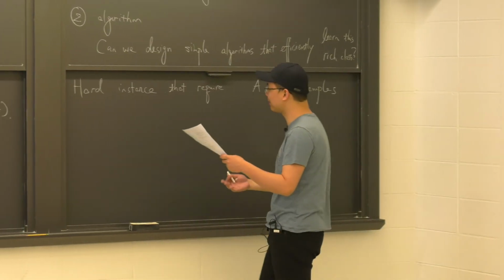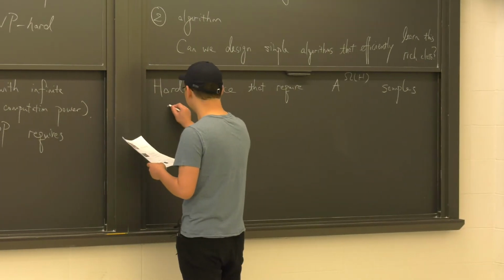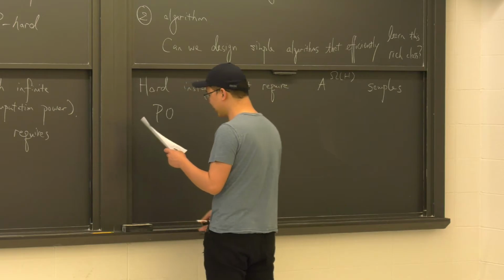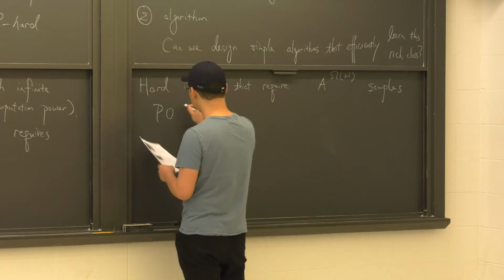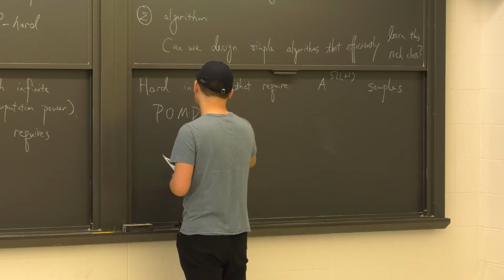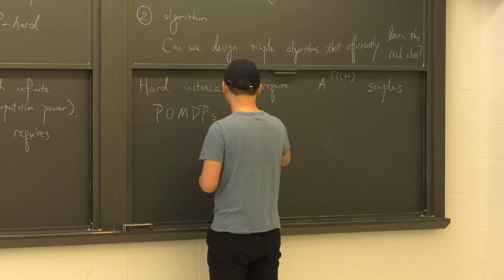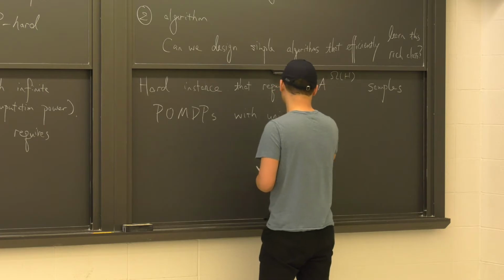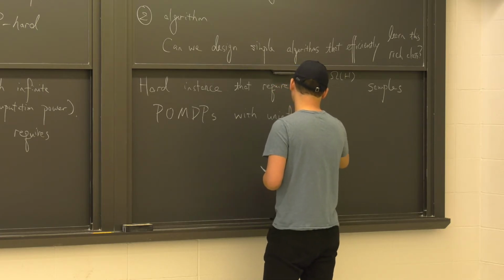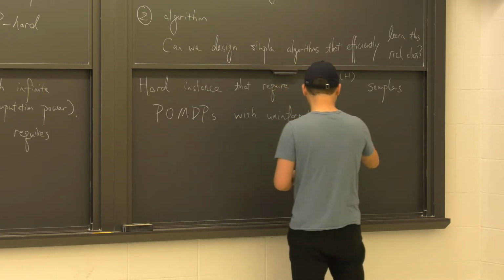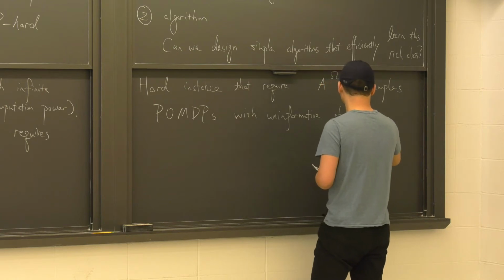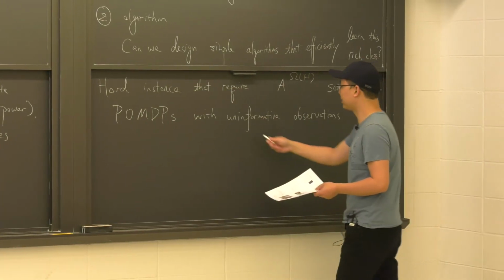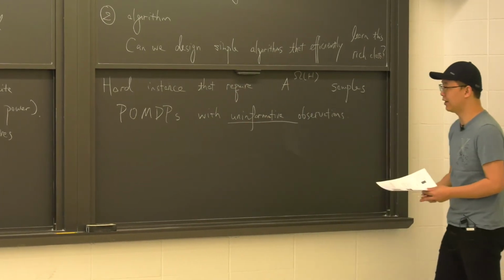They are POMDPs with completely uninformative observations. At a high level, uninformative essentially means the observation doesn't carry any information.